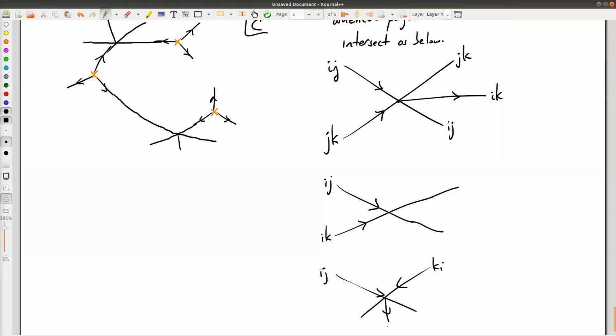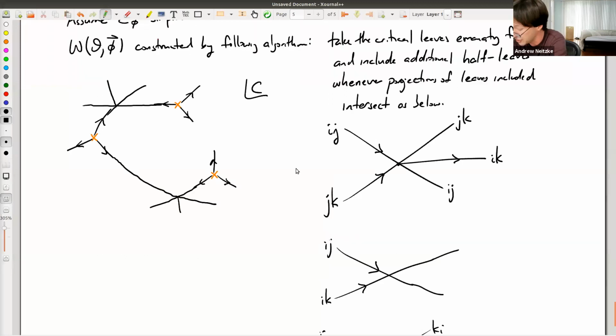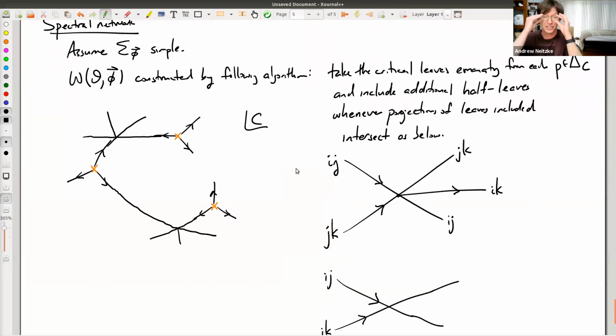But why is this curve not visible from the picture before? I think the key thing is that in this construction, the orientation, they're born on the branch point.